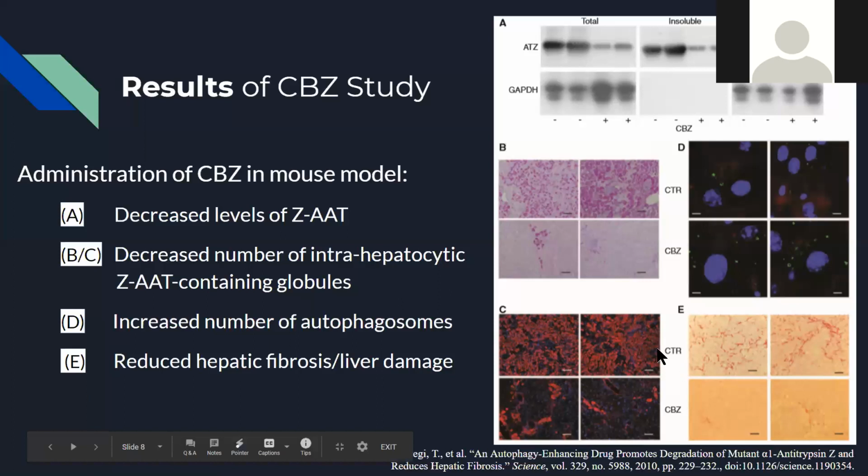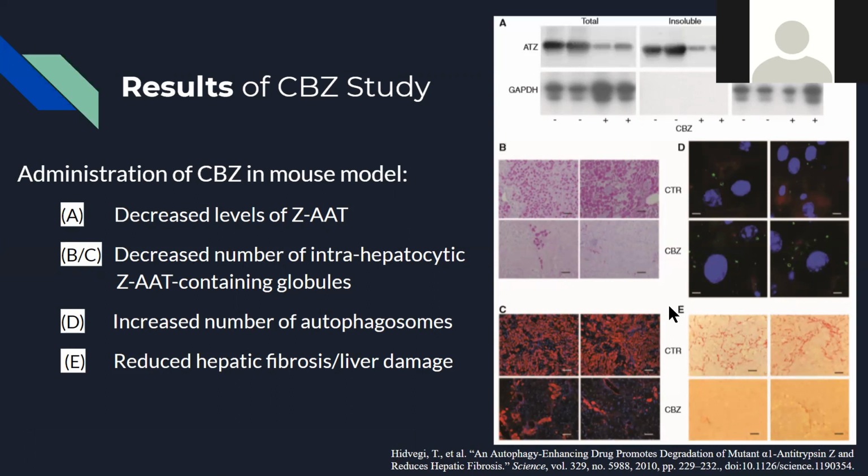And with the letter D, this is another immunostain to show the hepatic green fluorescent autophagosomes with and without this treatment. On the control on the top, you can only see just a couple of the autophagosomes in green. However, with the treatment, there is an increase in the number of these green autophagosomes seen within the liver, showing evidence of autophagy enhancement by the drug.